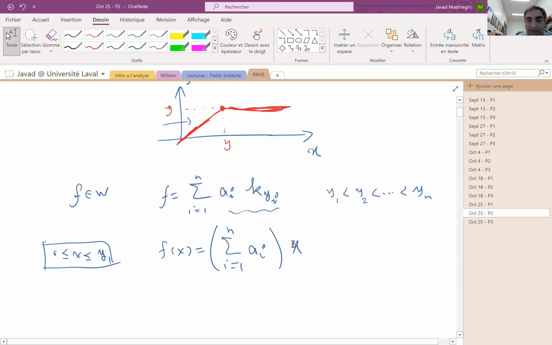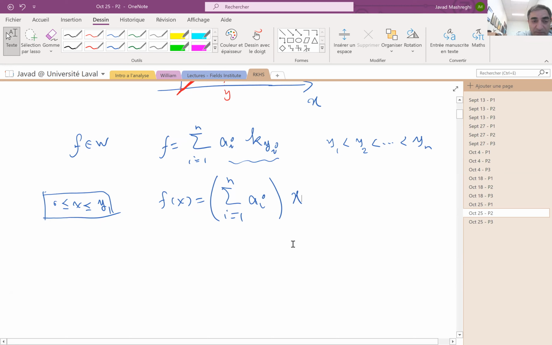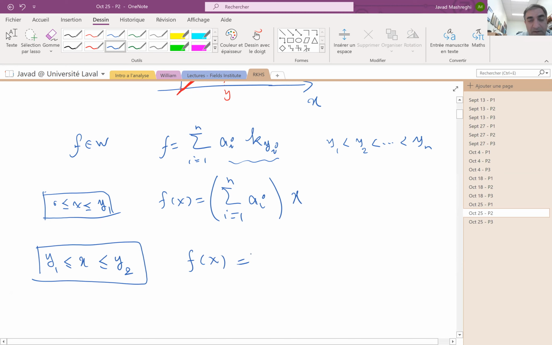But when we pass to the second sub-interval between y_1 and y_2, f of x, the first function is already a constant, a_1 y_1.